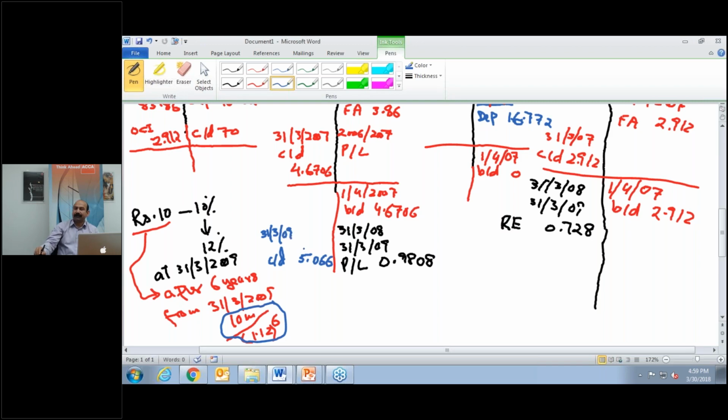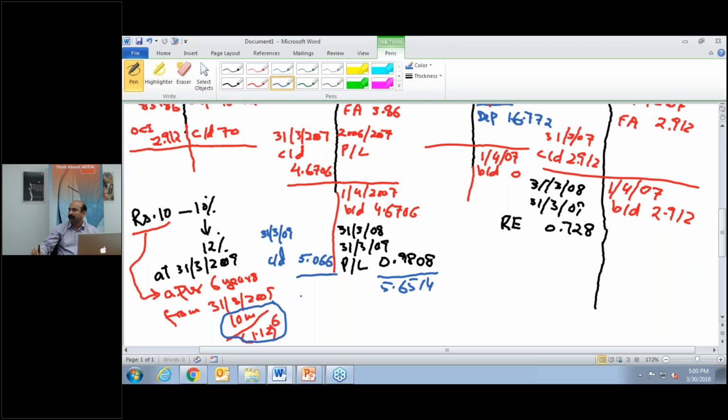Now the two sides will not balance. We can see whether there is an increase or decrease: 4.6706 plus 0.9808 gives us 5.6514.